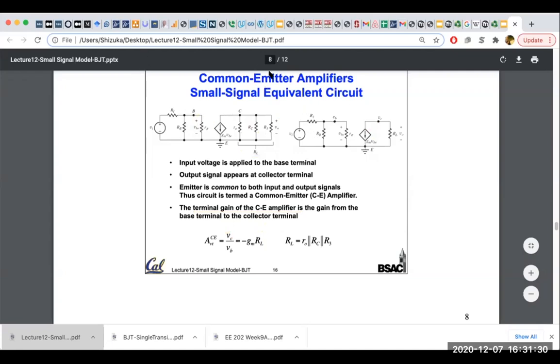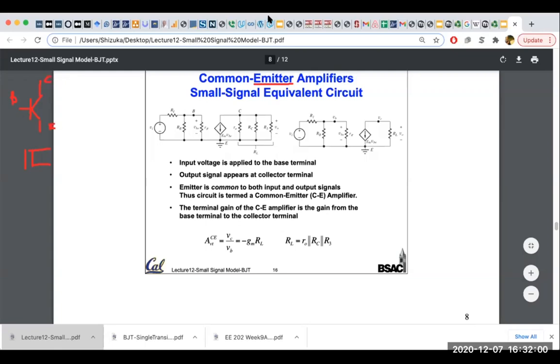When you hear the emitter, you will already know that it's BJT because CMOS doesn't have an emitter, right? So for BJT, we have 3 different amplifiers. And for CMOS, we have 3 different amplifiers. So this is base, this is collector, this is emitter.